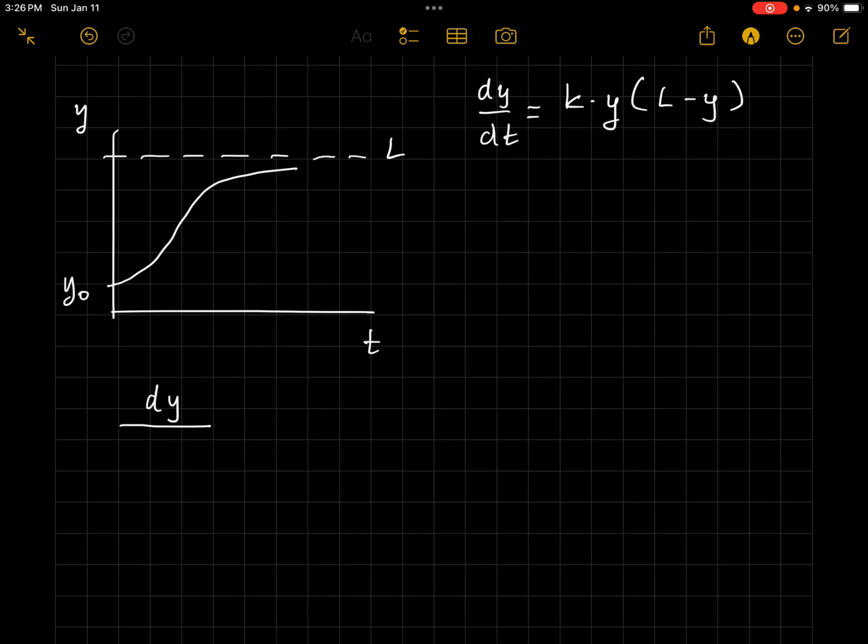I'll move every factor that has a y to the left side and isolate the rest on the right, and then we want to integrate. The technique to integrate the left side is partial fraction decomposition, which is also shown in another video. So I will give the highlights of that.